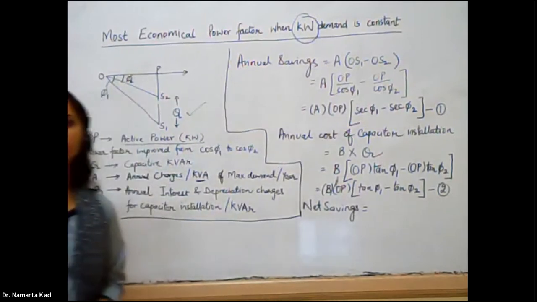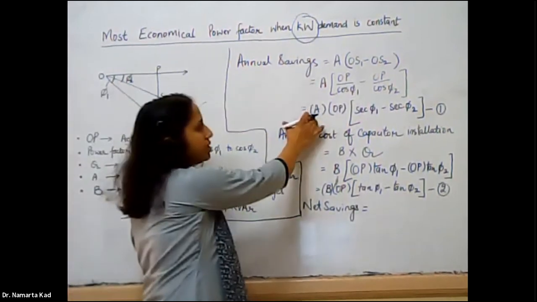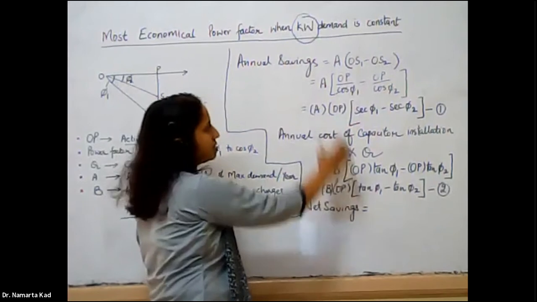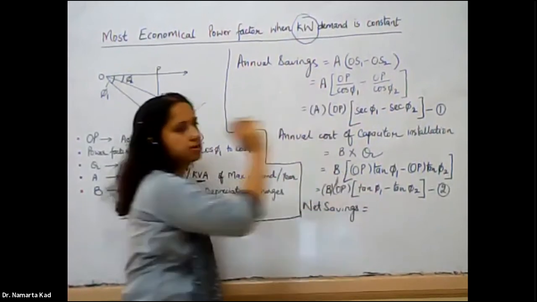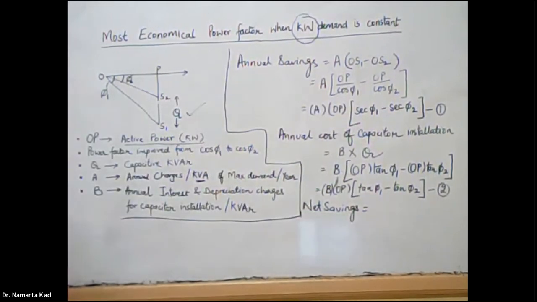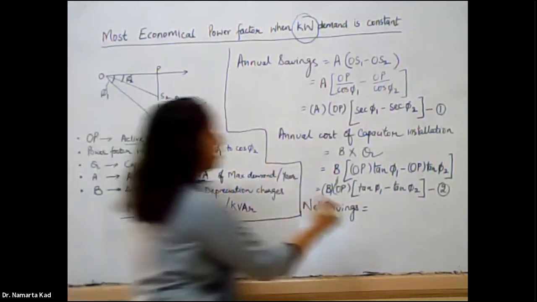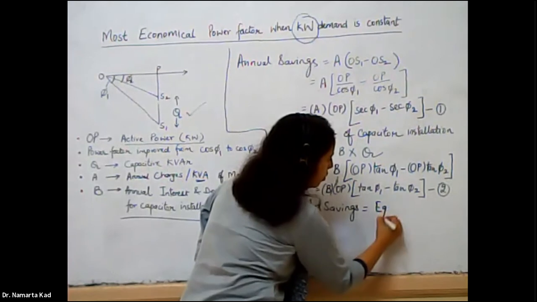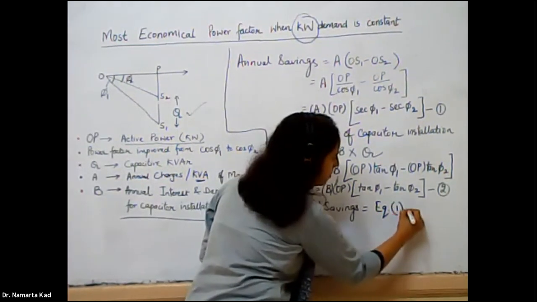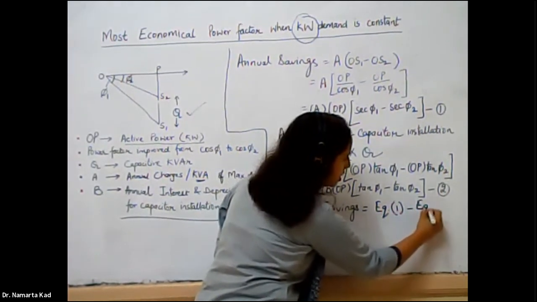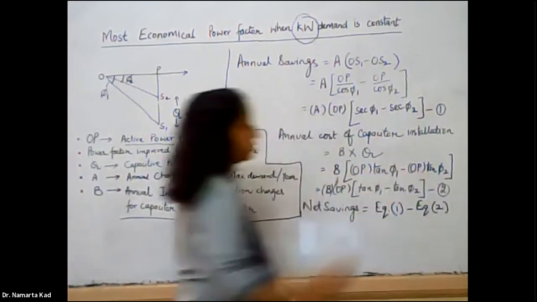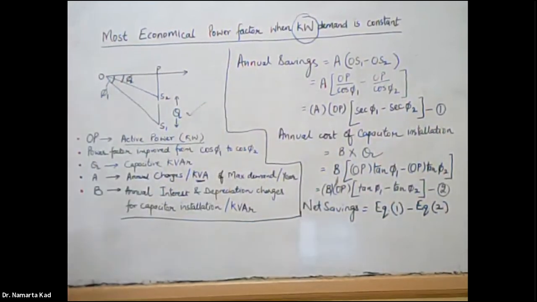So what are the net savings now? These are the annual savings, these are the expenses, so this minus this is our net savings. That means equation number 1 minus equation number 2 will be given by the net savings.